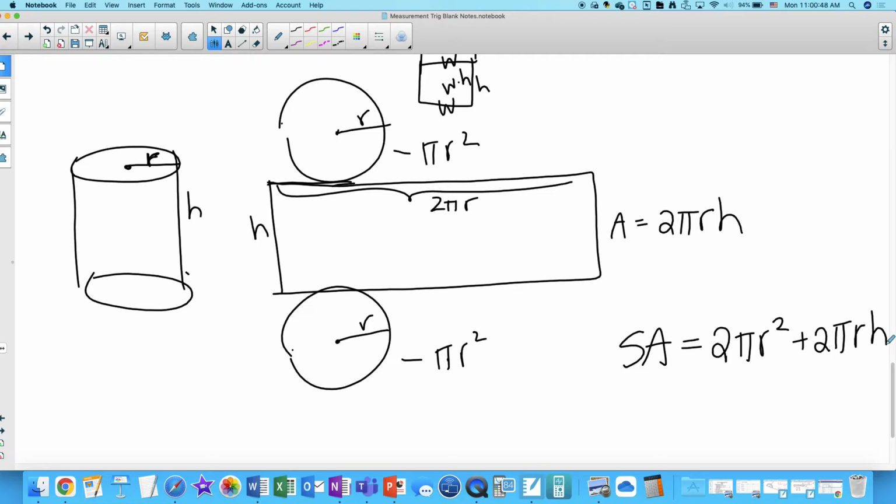So if you're talking about a cylinder, you would take out the 2 circles. If you're talking about a rectangular prism, you would take out the 2 length times widths. And you're just looking at it like it's almost a hollow tube. When you're talking about a pyramid, I would take out this part.